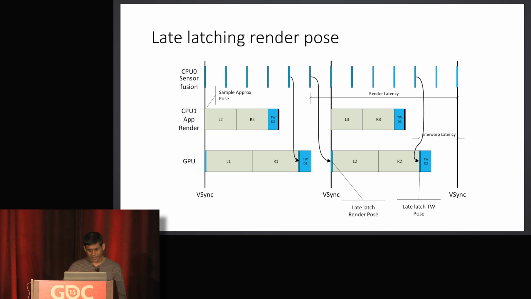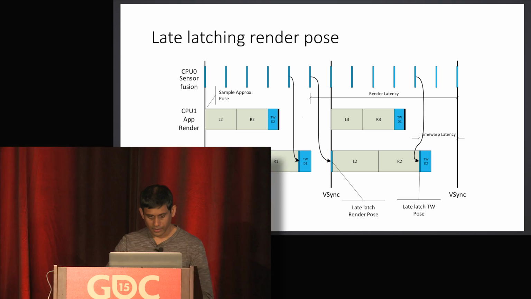So what if we could resample the camera just before rendering of the actual frame in the GPU, and then again resample the time warp pose just before rendering the time warp distortion? So here we are late latching both the render pose and the time warp pose. With this, we get perfect CPU-GPU parallelism and queue-ahead and no additional extra latency, because even render latency is shortened to almost the same as within a vsync.